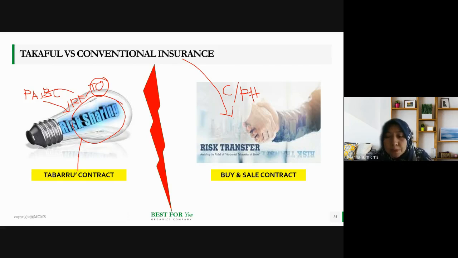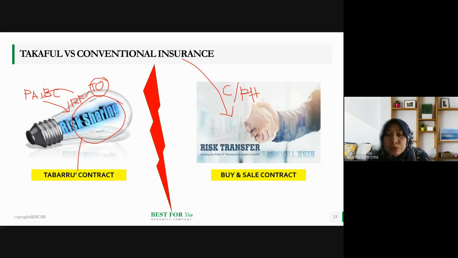When they approach the conventional insurance company and want to protect their risk, the company will say, now you transfer your risk to us, and we will protect you when the risk happens.